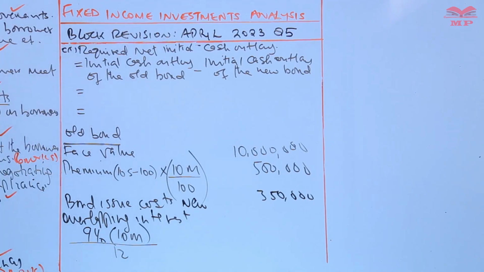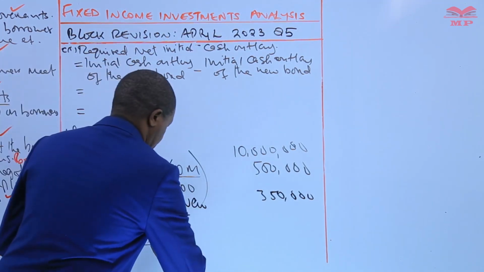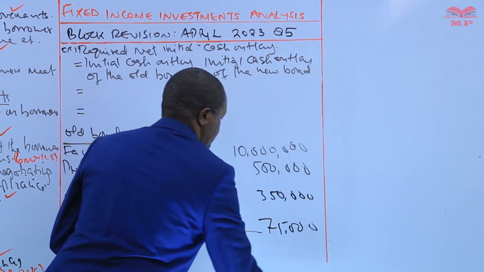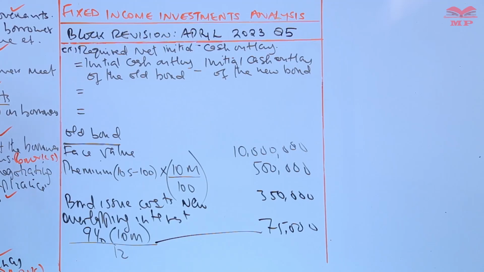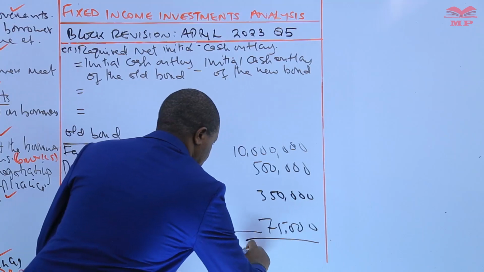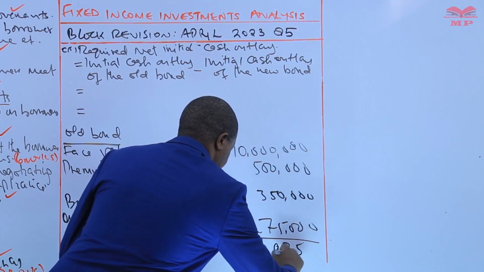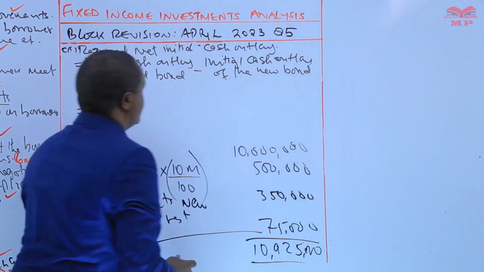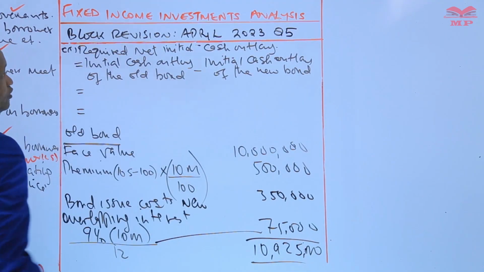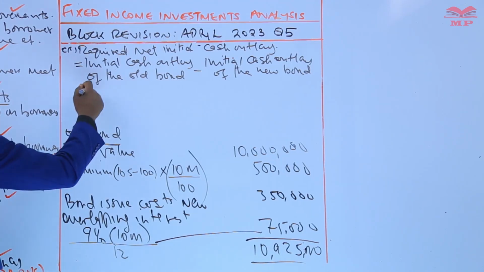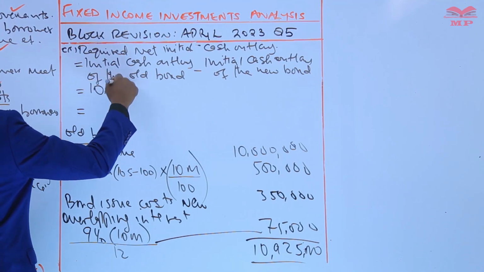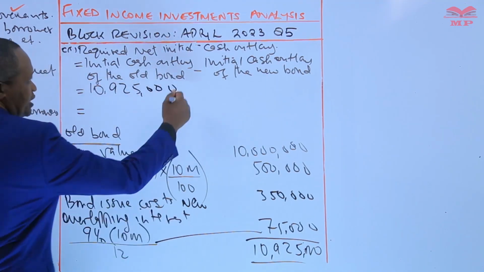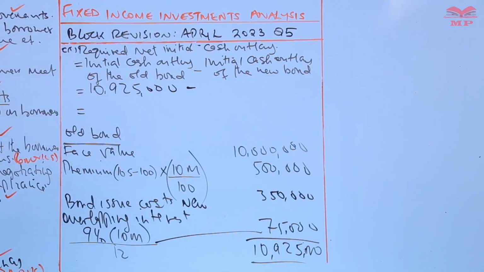That gives 75,000. So the total initial cash outlay of the old bond is equal to 10,925,000.